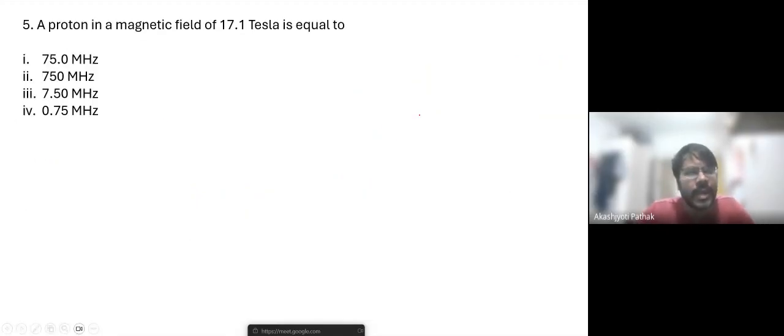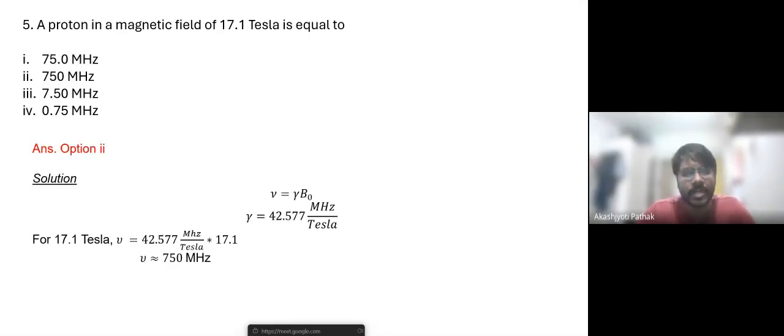A proton in a magnetic field of 17.1 Tesla is equal to what? One thing you have to remember is the conversion factor between Tesla and megahertz. What is the relation between Tesla and megahertz? So nu is equal to gamma B naught, right?